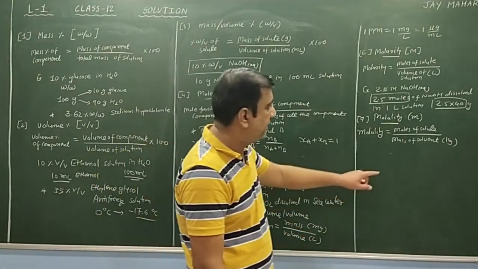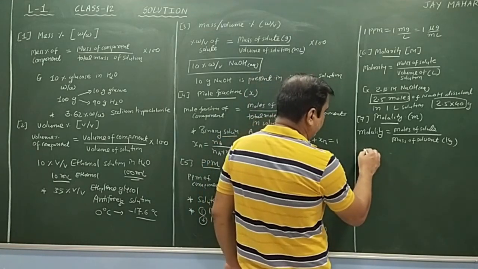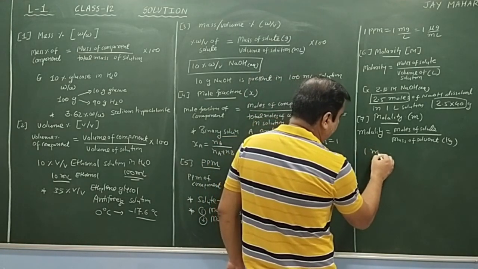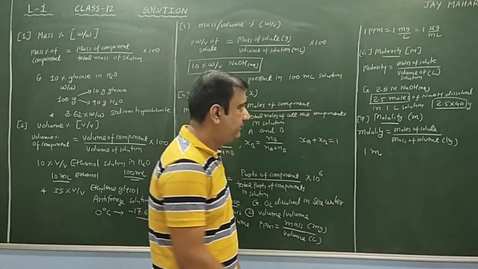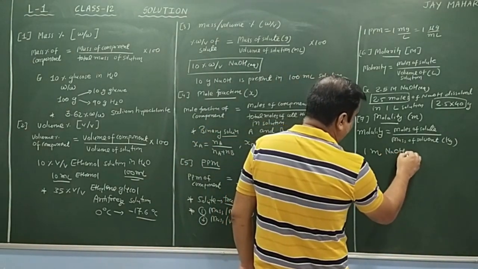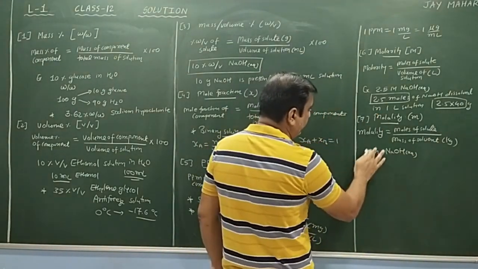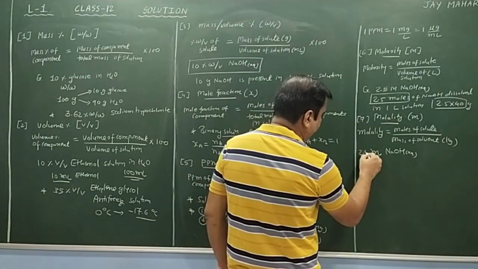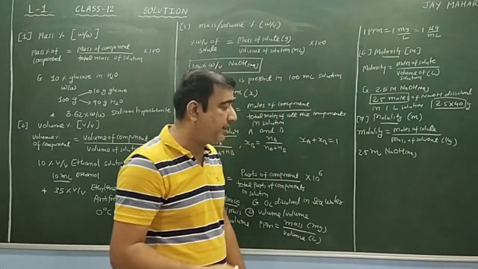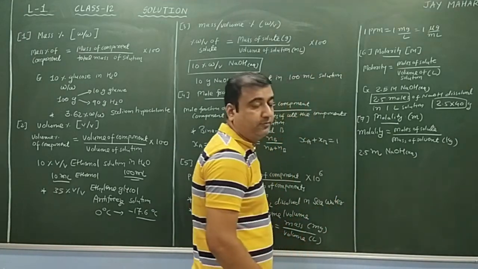Here it is 1 kg. Say, for example, a 1 molal NaOH aqueous solution. We are taking 2.5 moles here, so we can decide the exact difference.